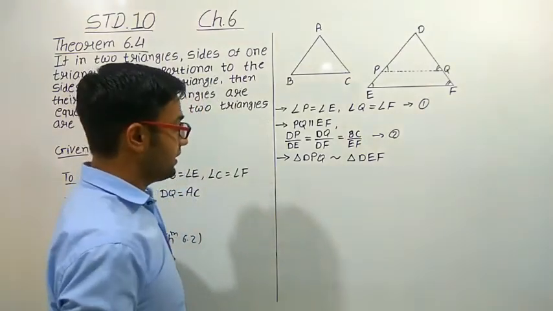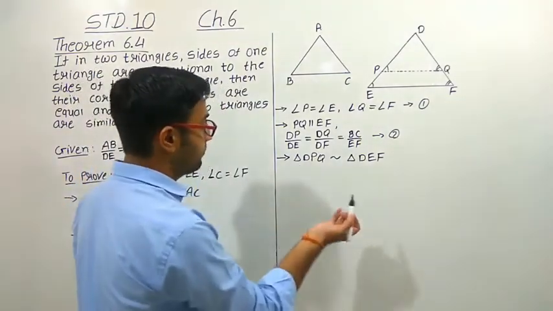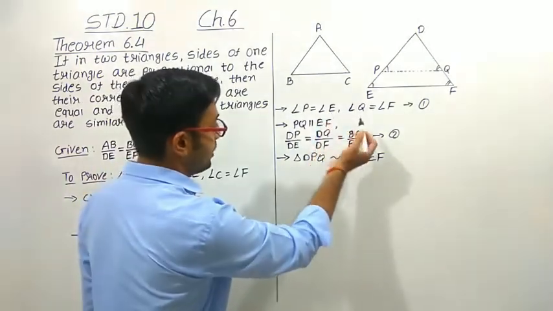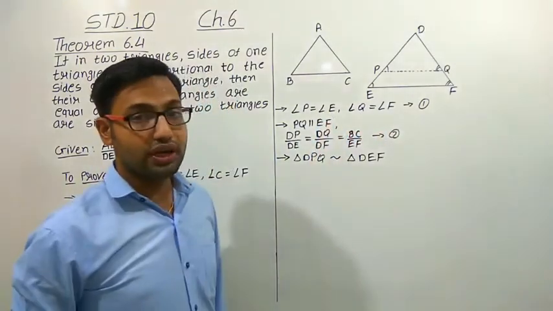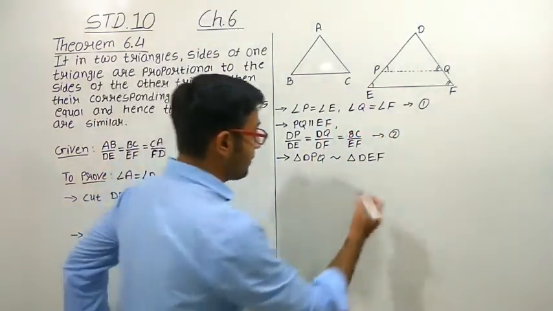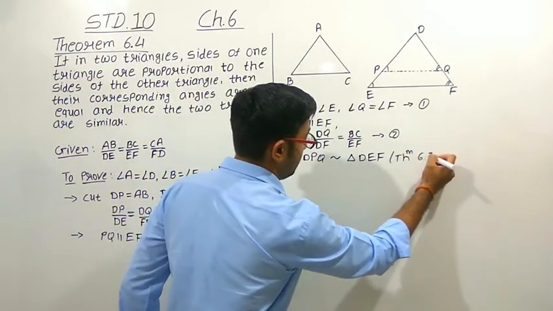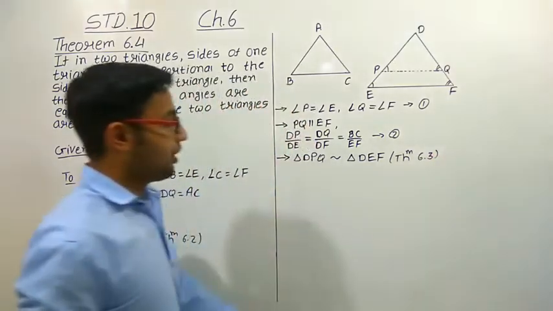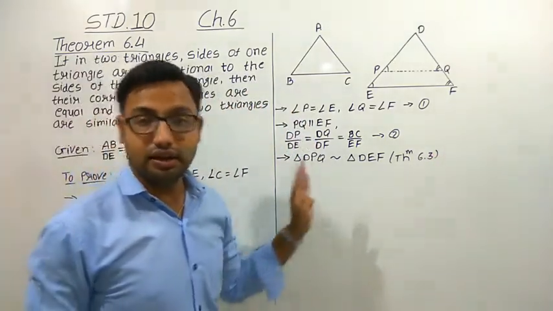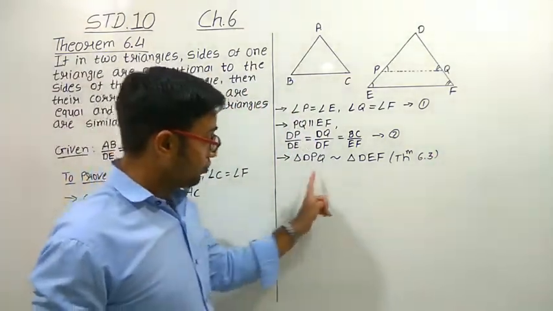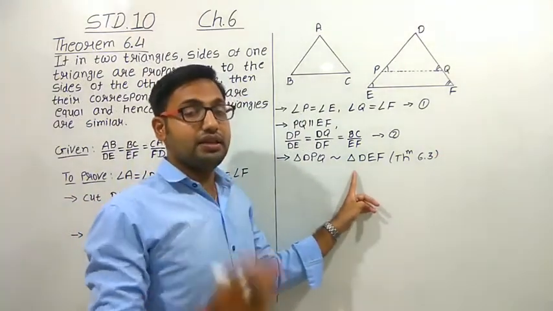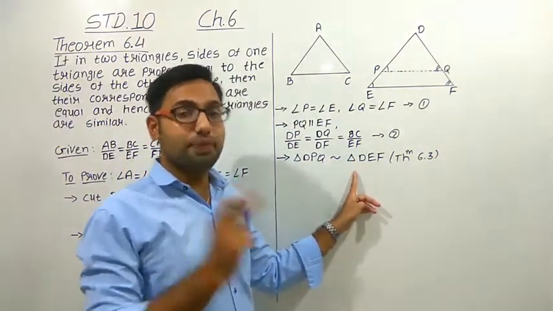Because all the three angles are equal. Angle D is common, angle P and E are also equal, and Q and F are also equal. So these two triangles will become similar according to theorem 6.3, or we can say according to the angle criteria. Now as the two triangles are similar, their sides are also in proportion.